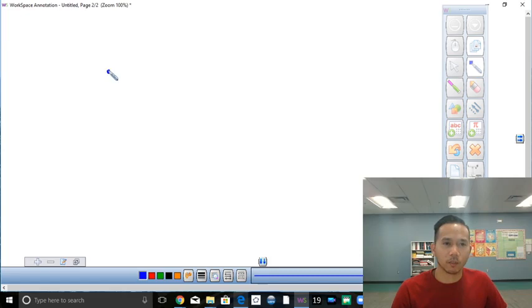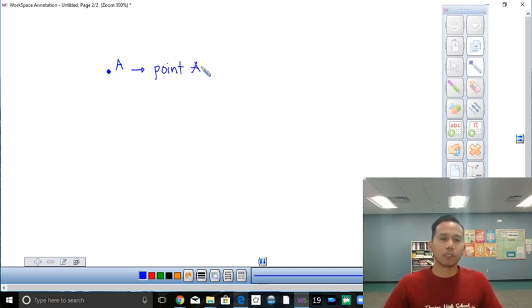And as I have said, we name points with a capital letter, like A. So the blue dot there on your screen, if I name that A, we call this point A. Again, always remember, when we name points, it should be a capital letter.